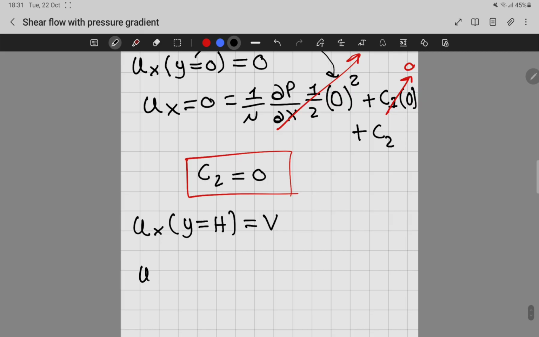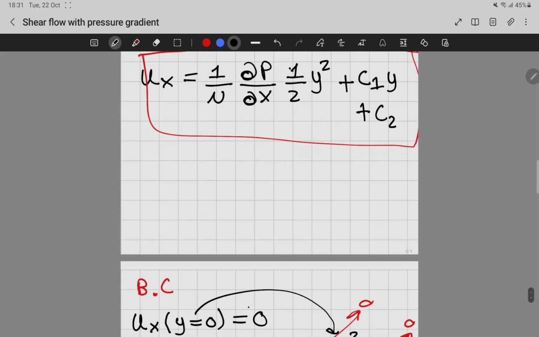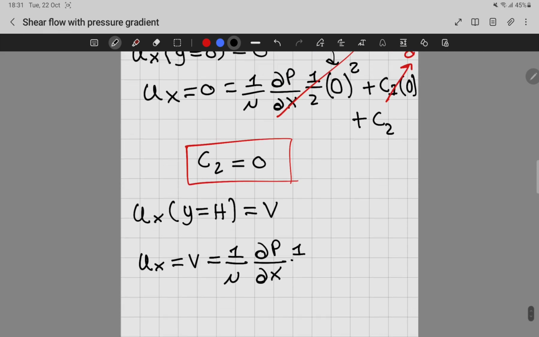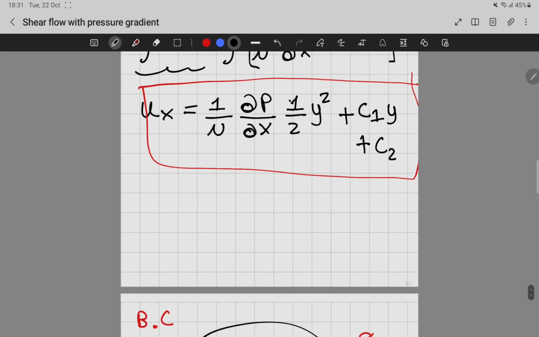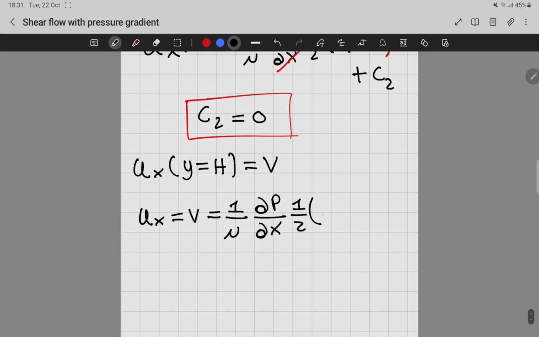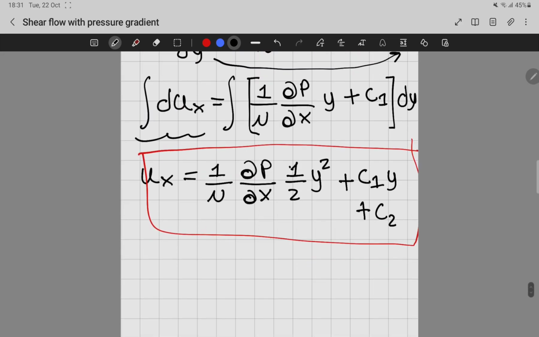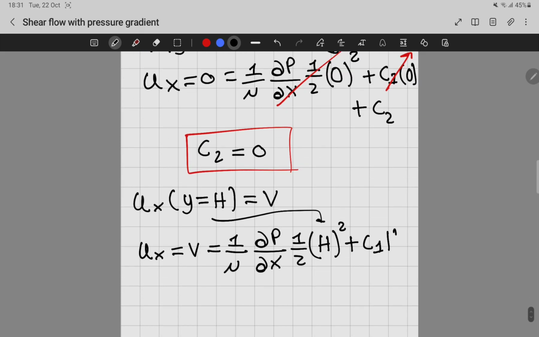So ux is going to be equal to b, and this is going to be equal to this whole equation, which is 1 over viscosity multiplied by the pressure gradient, multiplied by half, multiplied by y, but y is h, so h to the 2, plus c1 multiplied by y, but y is h because we are at the top plate.